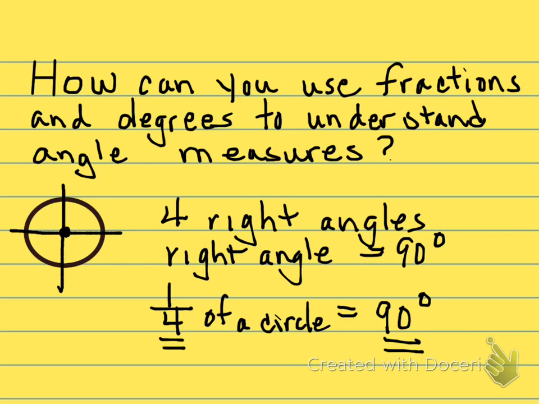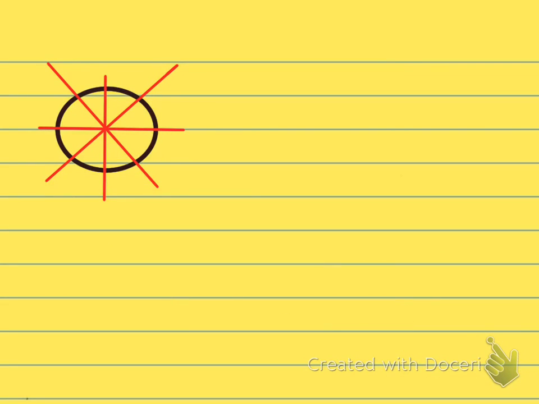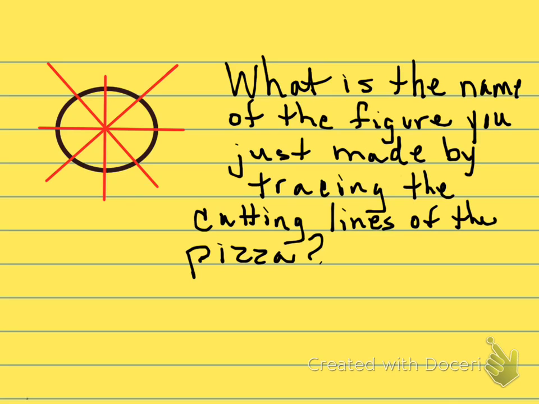Let's try another one. Here is a picture of a pizza divided into 8 equal parts. I want you to look at these 8 equal parts and trace the cutting lines of one of the pieces of pizza. Now, what is the name of the figure you just made by tracing the cutting lines of one piece of pizza? Well, let's take a look.